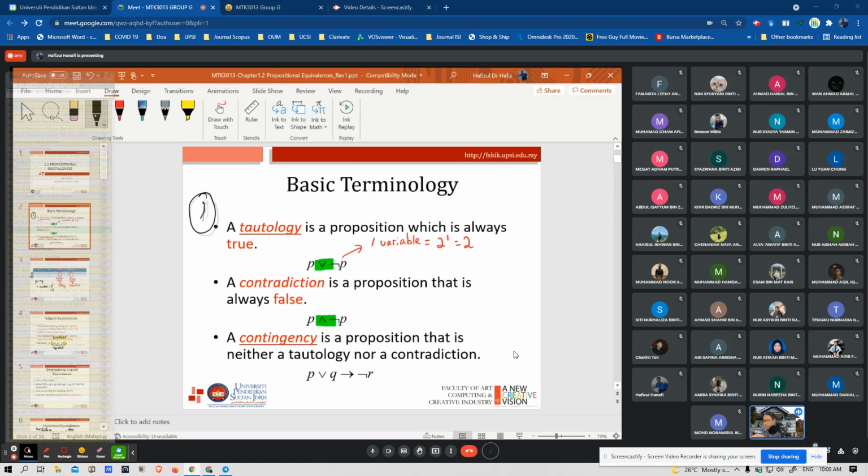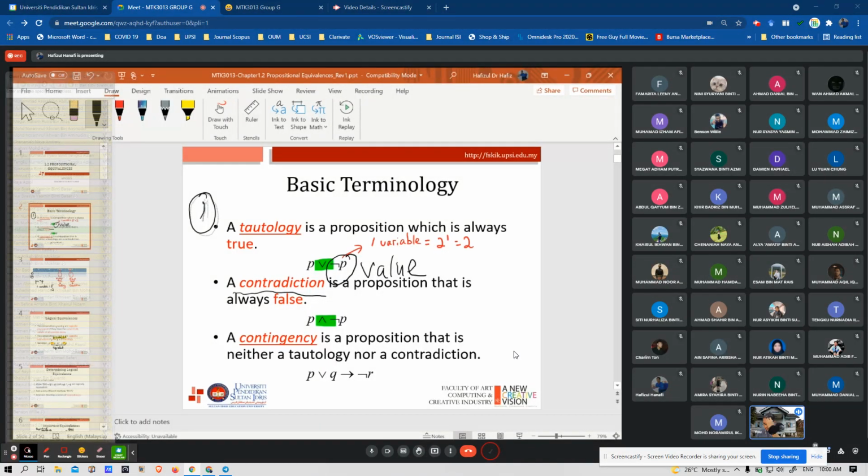We have one variable, for example, 2 to the power of 1 equivalent to 2. This one is a contradiction, which means you need to negate the values.